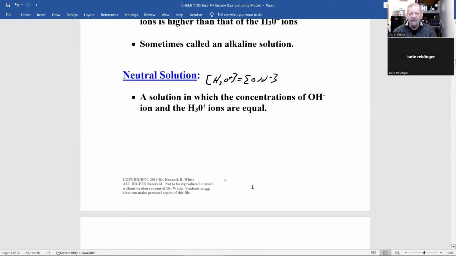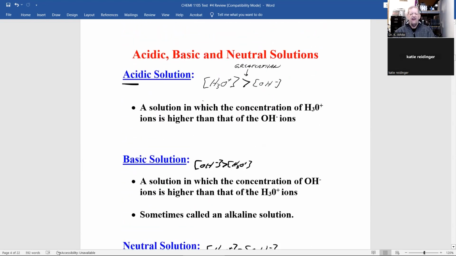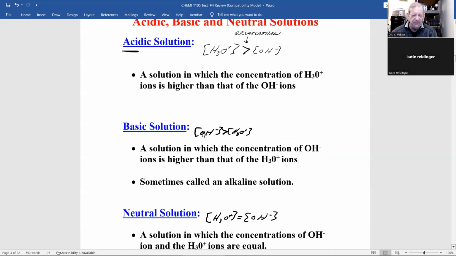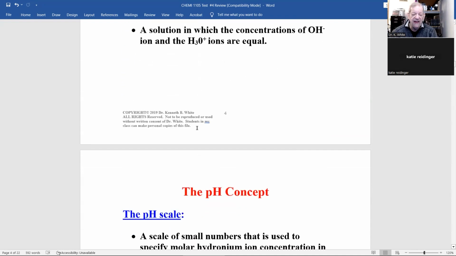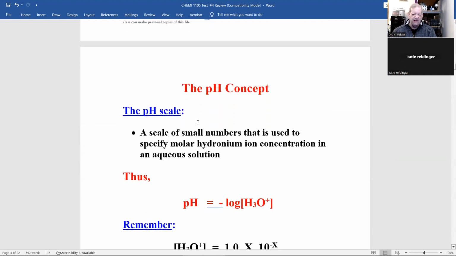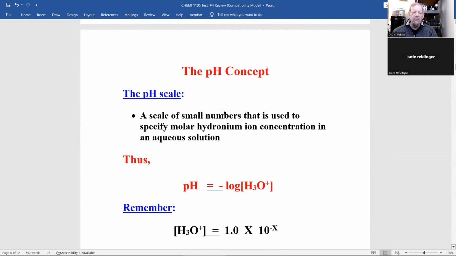Now, it turns out, if I said the hydronium ion concentration is this number and the hydroxide is that, then you've got to think, if this is scientific notation, which is the greater number? That's a lot of work. And chemists like to be lazy, especially organic chemists. I know, I'm an organic chemist. So someone came up with the pH concept.